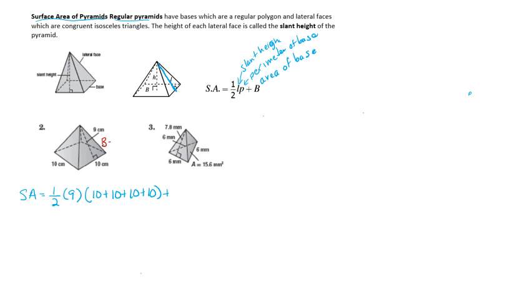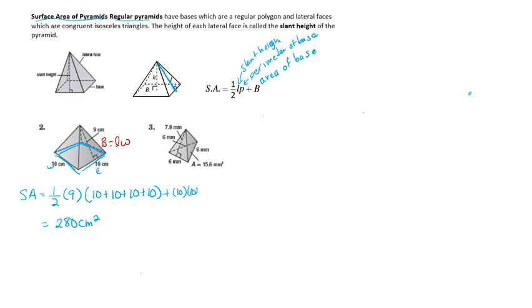Our base here is length times width, so that's 10 times 10. Remember, for perimeter you add up all the sides of the base, so that's where I got 10 plus 10 plus 10 plus 10. When I put that in the calculator, I get 280, and it's centimeters squared since we're doing area.